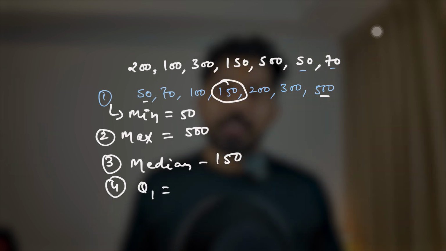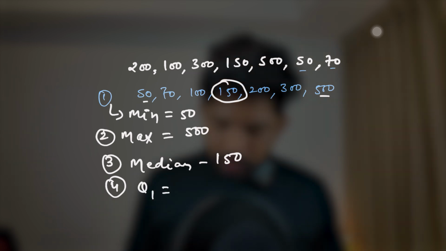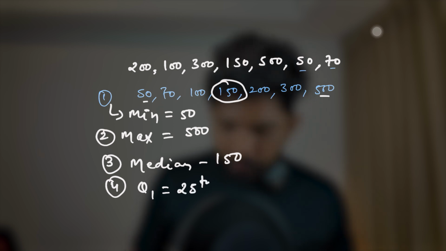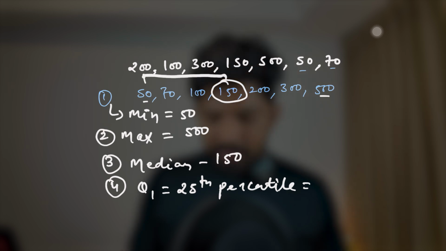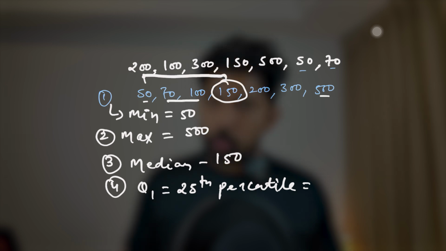Then you have the first quartile, Q1. The first quartile means the 25th percentile, right? You can write 25th percentile, or you can say the median of the first half. First half is this, and the median of this will be 70 plus 100 divided by 2, means 170 by 2, which is equal to 85.